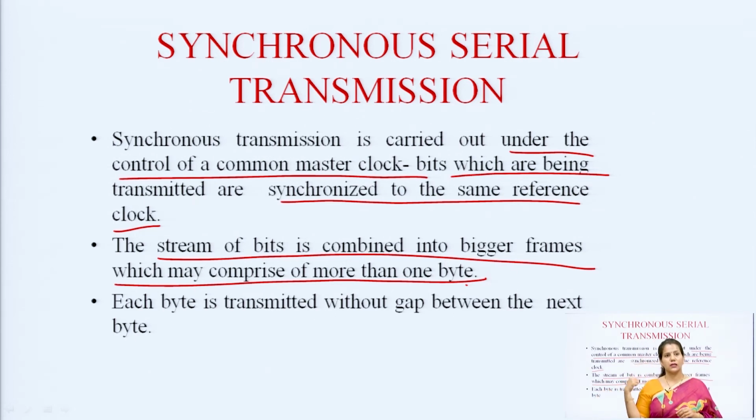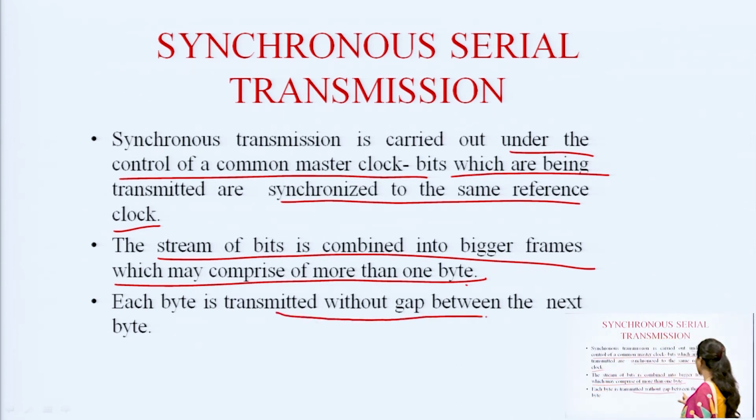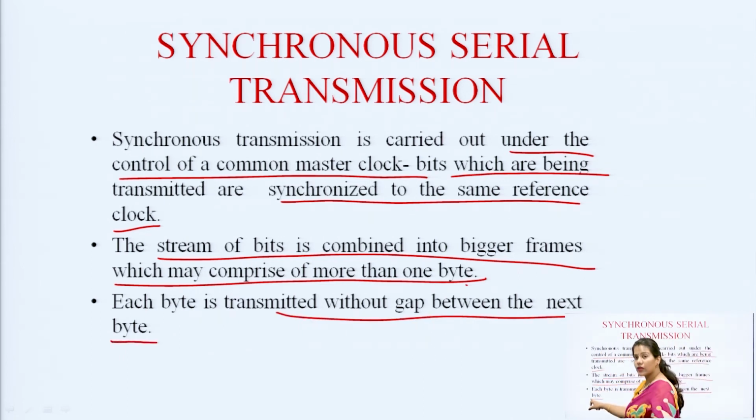But in the case of synchronous serial communication, since it is working under the master clock, it is possible to send multiple bytes within a single frame. So, obviously the speed will increase. Each byte is transmitted without a gap before the next byte. There is no need of a gap because there is no scope of asynchronous transmission.